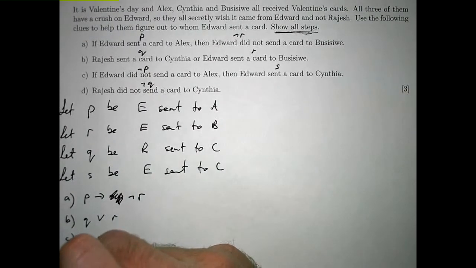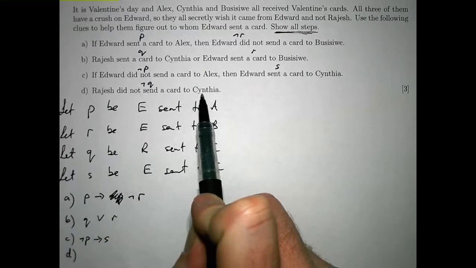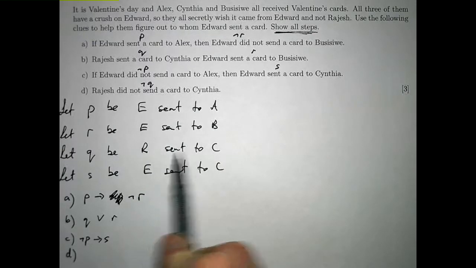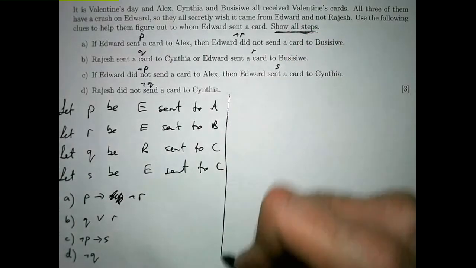That implies S. And finally, D gives us Rajesh did not send a card to Cynthia. Well, that's not Q, because Q is Rajesh sent a card to Cynthia. D is simply not Q.